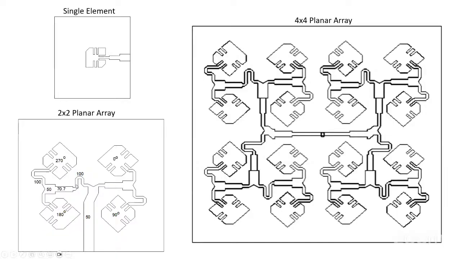Otherwise, if you divide this 100 ohm itself into 200, the line will become too thin and very difficult to fabricate. So to avoid that difficulty, we transform back to 50 ohm and then divide it.